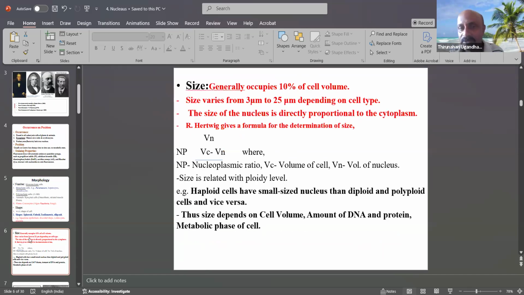Then size. Generally the nucleus occupies about 10% of the cell volume, and the remaining 90% is other cell organelles.